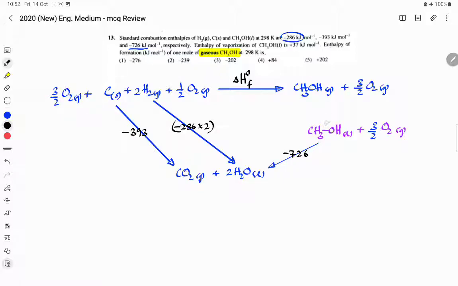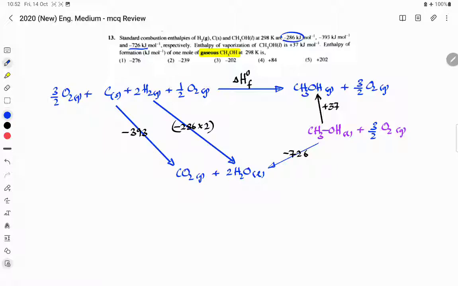And this value is also given, that is from liquid to gas is given, this part. It is the enthalpy of vaporization of methanol. It's plus 37. Now please remember, now when we try to apply the Hess law here, you have to find the same reactants and the same products, but by looking at this chart we cannot find that.